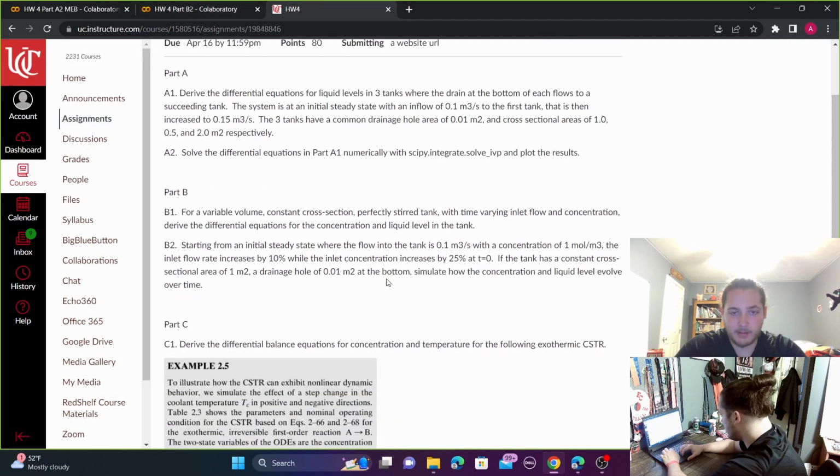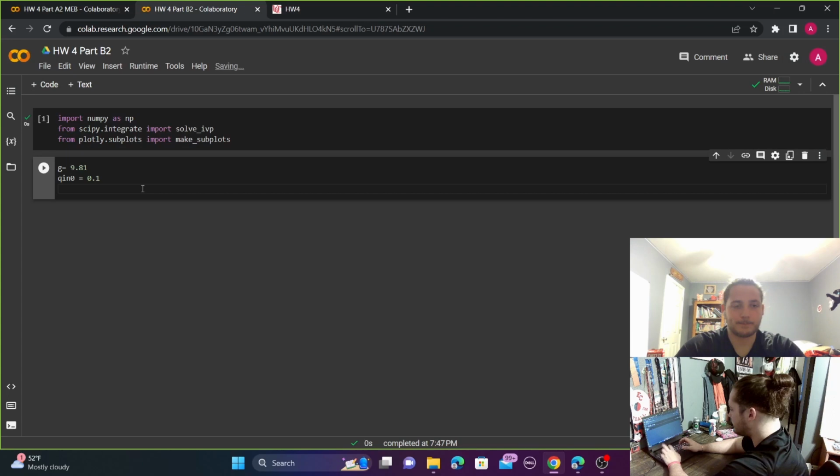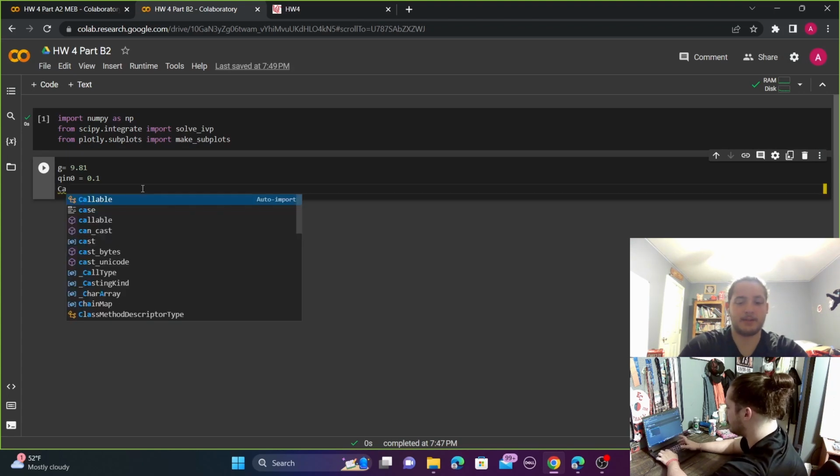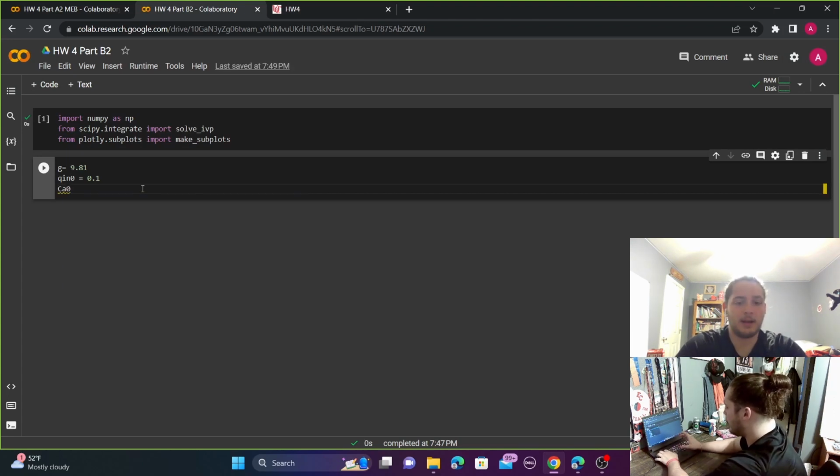Next, we can set our concentration as 1 mole per meter cubed, and we can label this as our Ca naught, for our initial concentration being 1.